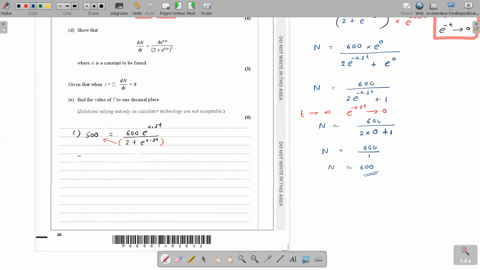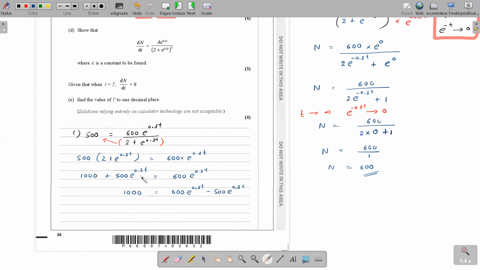So 500 times (2 plus e to the power 0.3t) equals 600 times e to the power 0.3t. This gives me 500 times 2 is 1000 plus 500 e to the power 0.3t equals 600 e to the power 0.3t. So when I subtract, I get 1000 equals 600 e to the power 0.3t minus 500 e to the power 0.3t.